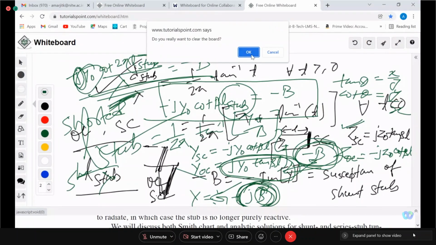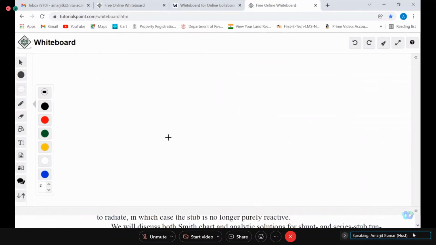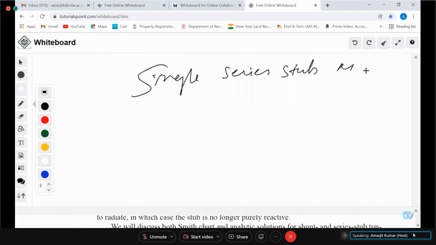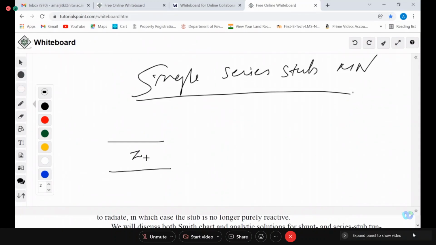So how to do that calculation for the single series stub matching circuit? Here we have transmission line Z0 and it is connected in series with the transmission line. It could be open circuited or short circuited at the end. That is not a problem.